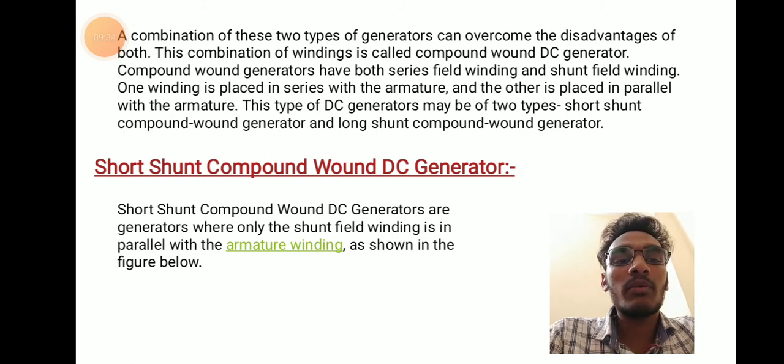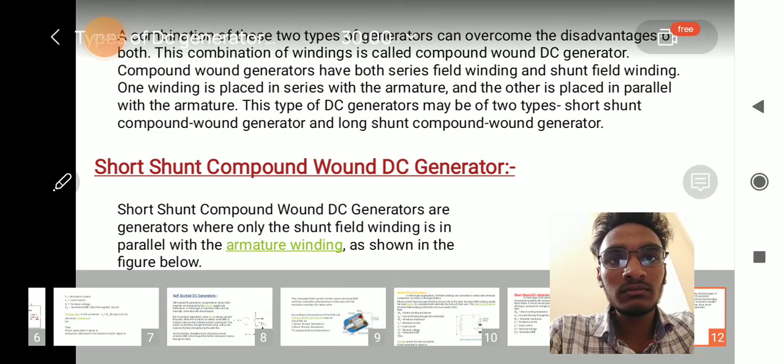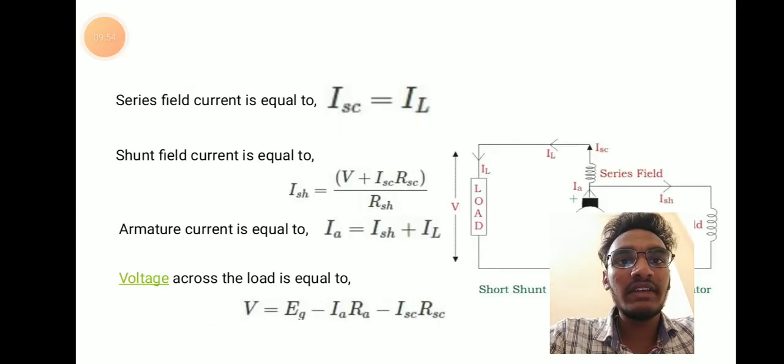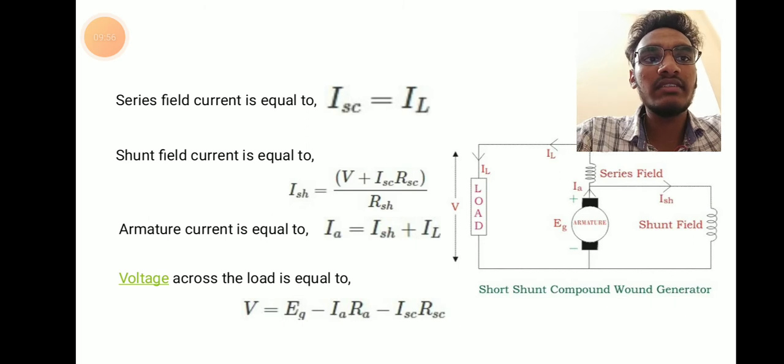Short shunt compound wound DC generator. Short shunt compound wound DC generators are generators where only the shunt field winding is in parallel with the armature winding as shown below. Series field current is ISC equal to IL.